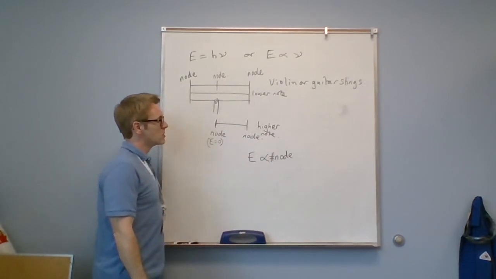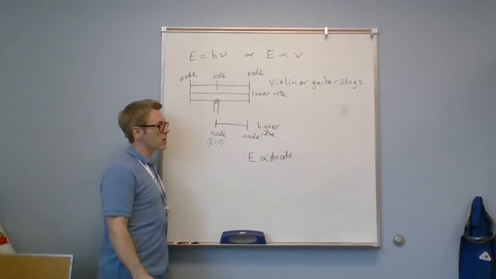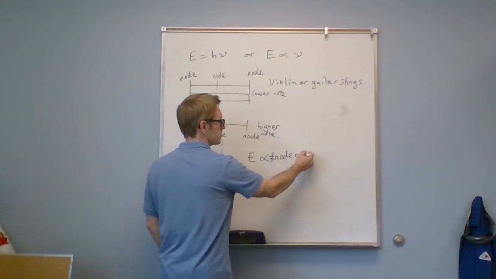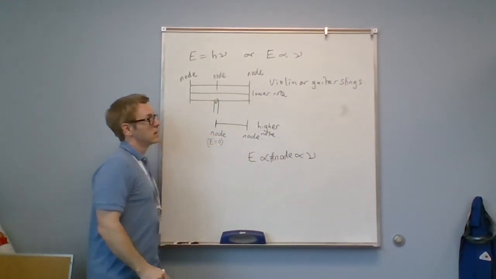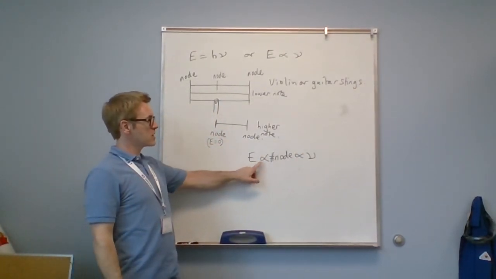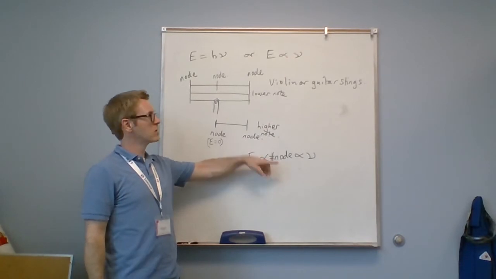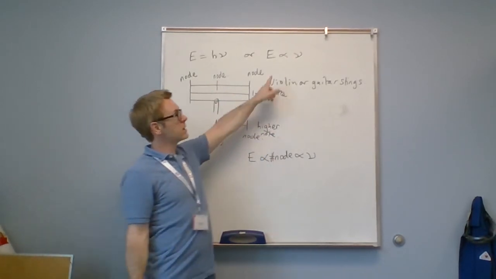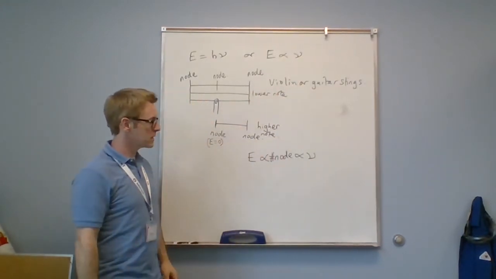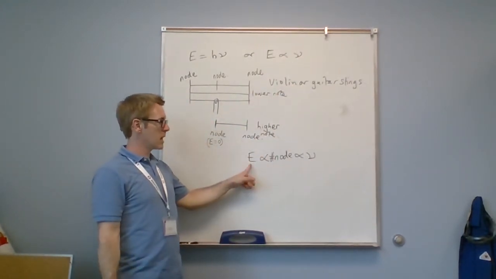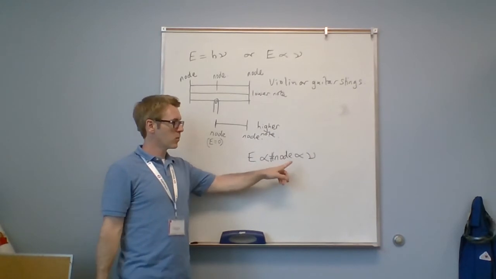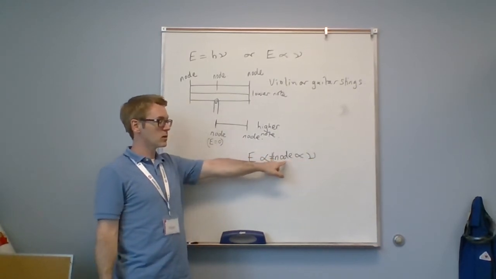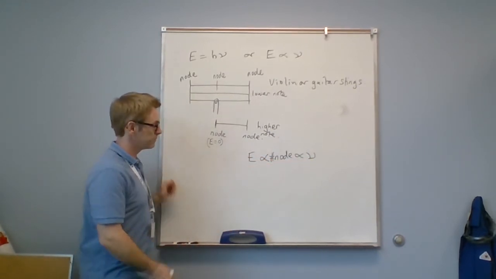The number of nodes would increase the frequency. Now, if the energy is proportional to the number of nodes, which you know because the note gets higher, and you already know that energy is proportional to frequency, we can deduce that the frequency is also proportional to the number of nodes.